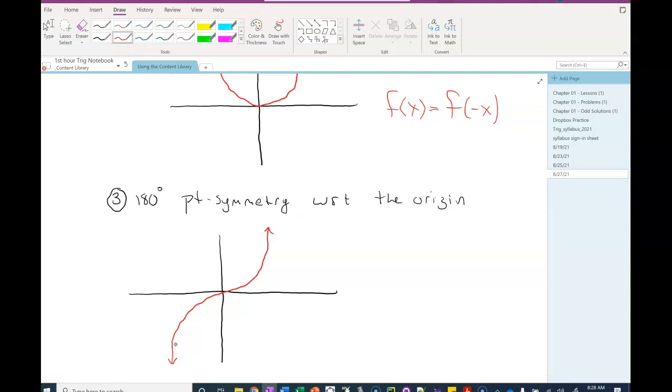So with the 180-degree point symmetry, what I can think of is if I have some point and I tie an imaginary rope from that point to the origin, and then spin that rope 180 degrees, I'm going to end up on the other part of my graph.